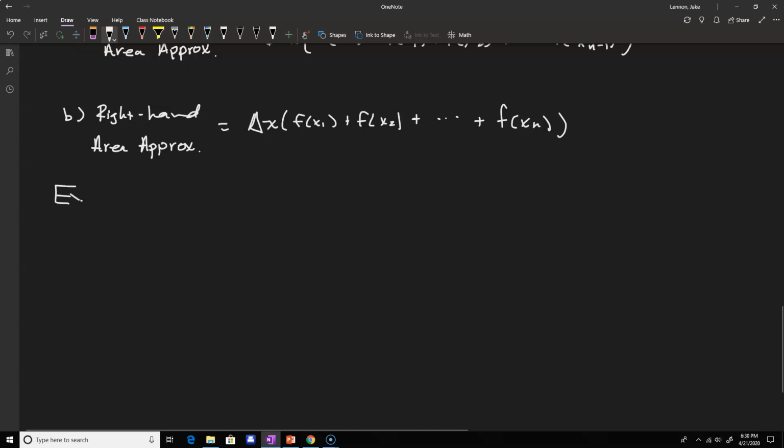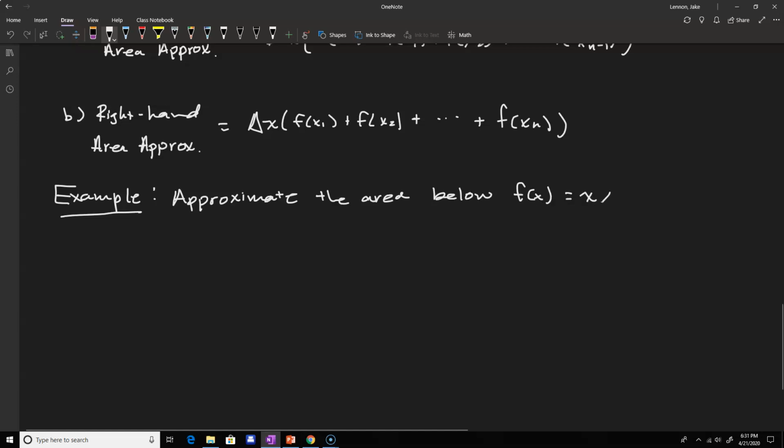So example, approximate the area below our function here, f of x, we're going to go with x times the natural log of x from x equals 2 to x equals 4 using 5 rectangles.